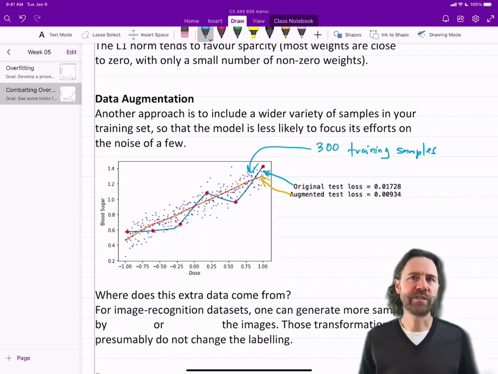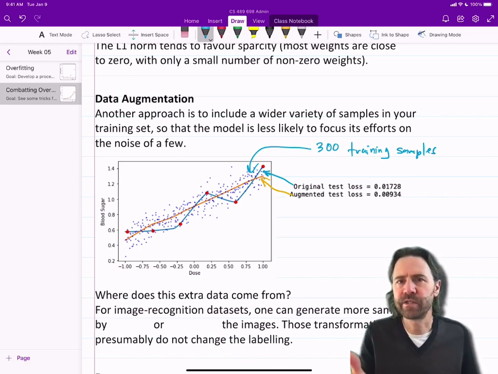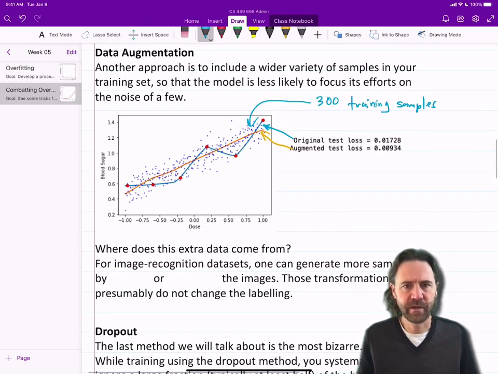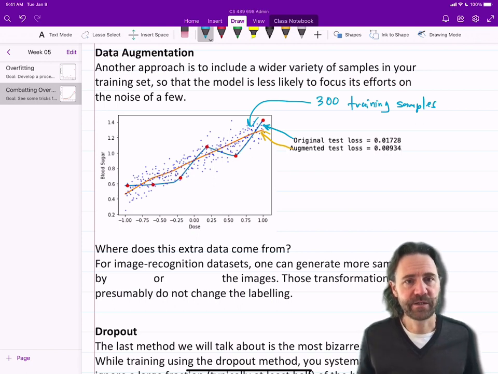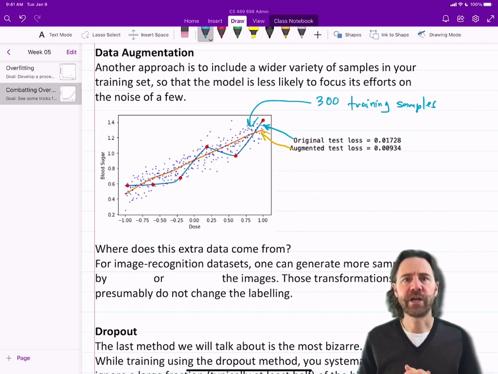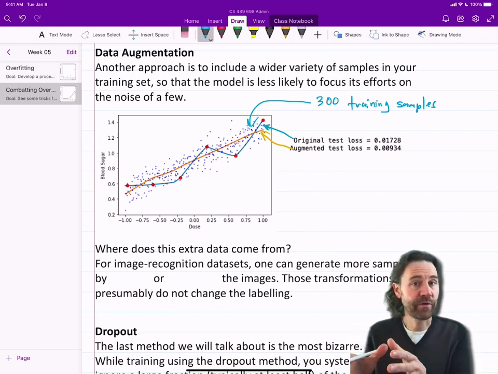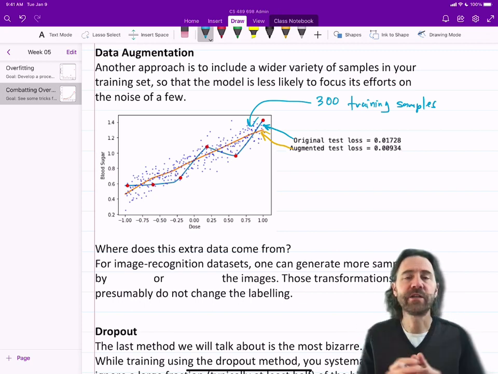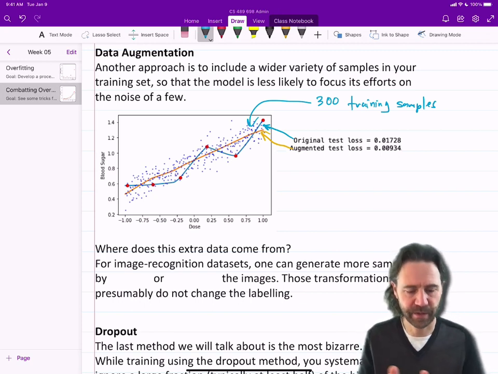Now, where does this data come from? I created this sort of silly scenario where we have a very small data set and it fits the noise, obviously, when you're overfitting. But you might think, what about other situations? So for things like image recognition tasks, and we will play with some of these later on, you can generate more samples from your training set by just applying little shifts or little rotations to your input images.